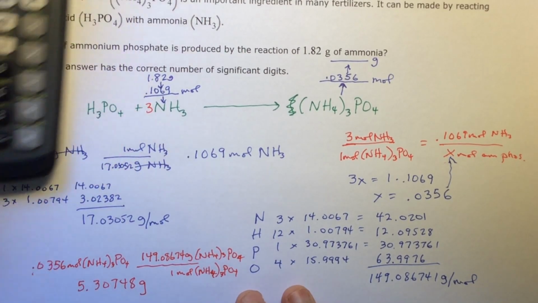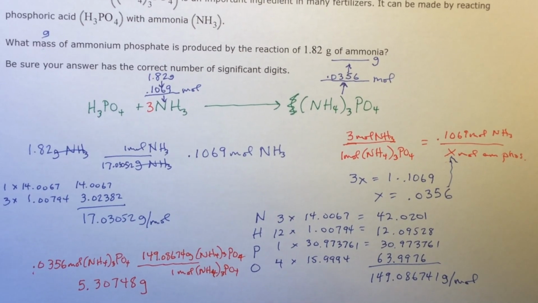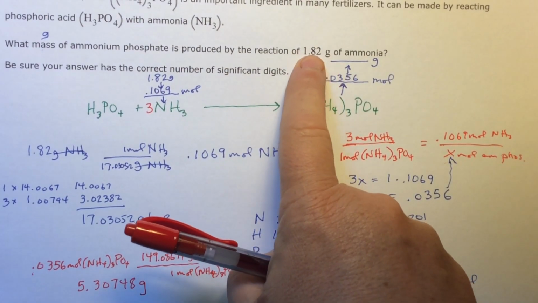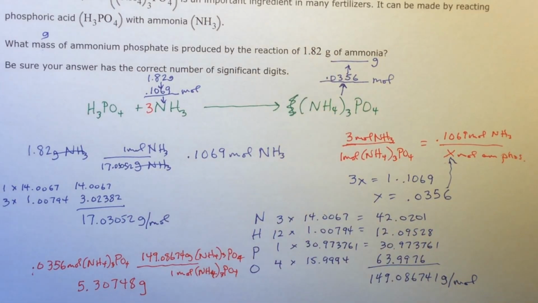grams. Okay. Now I need to take significant figures, so I go back to my original. I had 3 significant figures of grams coming in, so I'm going to need 3 significant figures of grams coming out. So that's going to be 5.3. Go to the 0, go to the next one. Is it more than a 5? Yes.